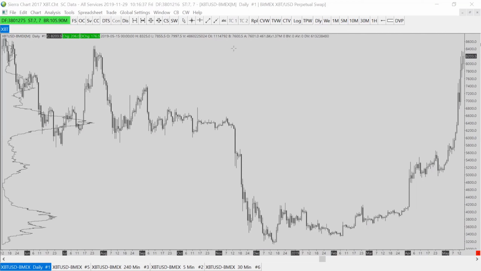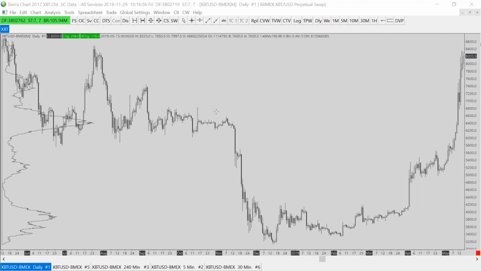And of course, it's as price is consolidating that areas of high volume start to build. It's just common sense. You might have heard of these areas described as high volume nodes or HVNs.